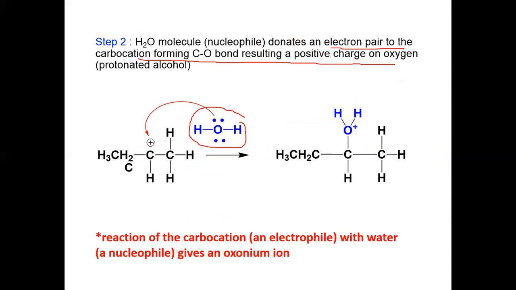Non-bonding pair ni akan buat attachment kepada carbocation. So dia jadi macam ni. The whole thing ni nama dia adalah oxonium ion. Reaction of the carbocation with water nucleophile gives an oxonium ion. So ini intermediate saja, belum jadi final product.